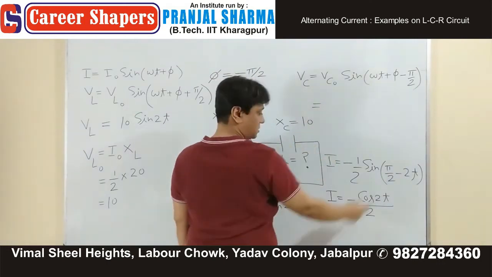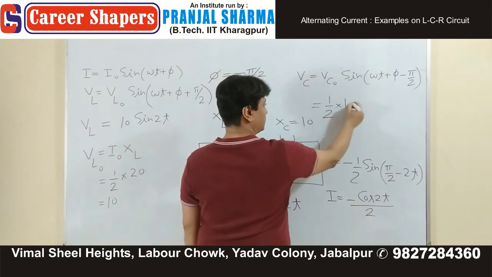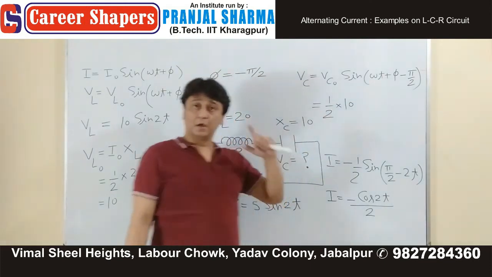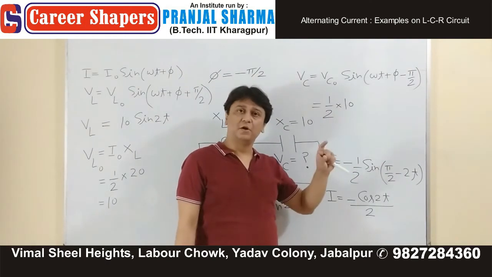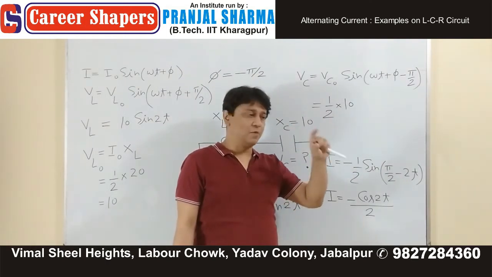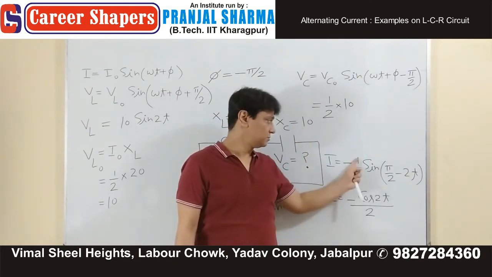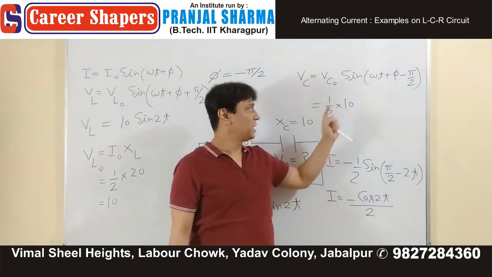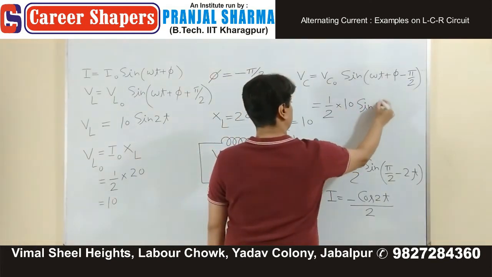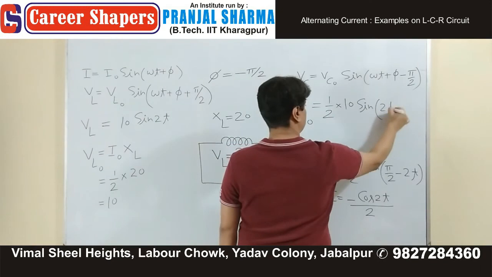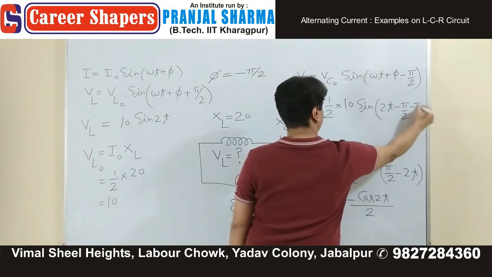What is I naught? 1 by 2 into XC, which is 10. Remember, you will not take I naught as minus half. I naught is the mod of peak current, which is 1 by 2. It's 1 by 2 into 10 sine 2t minus pi by 2 minus pi by 2.